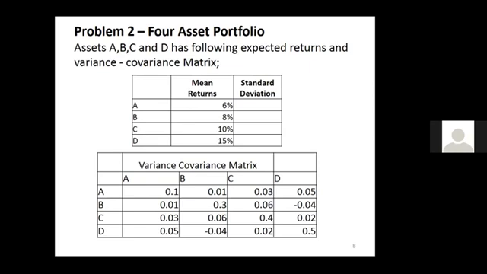Why is it a variance covariance matrix? If you consider the correlation coefficient between A and A, A and B, A and C, we may have estimated the sigma value A, sigma B, sigma C, sigma D, like that.